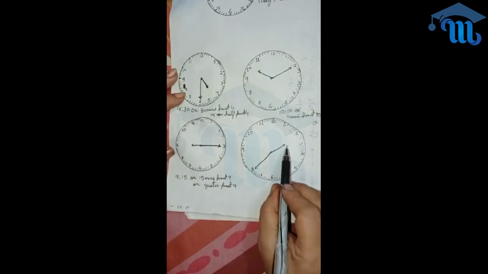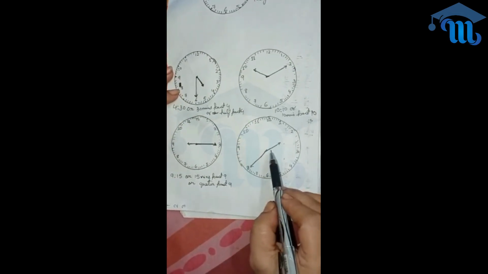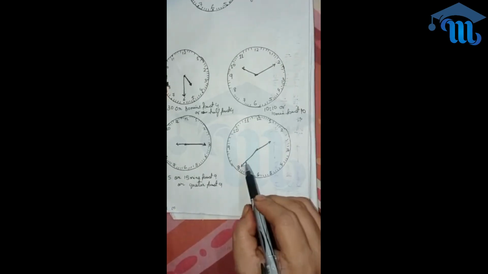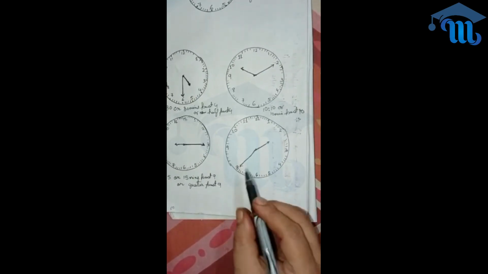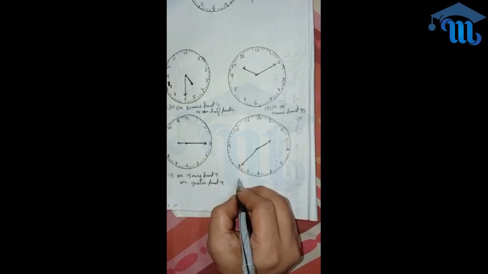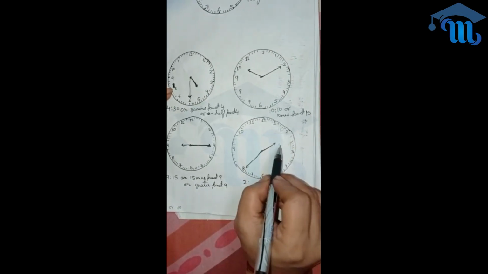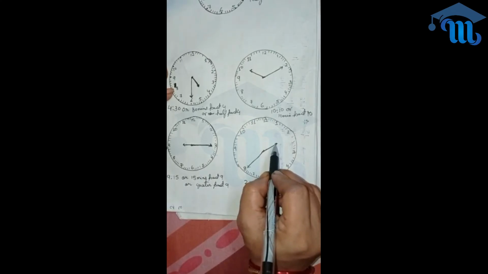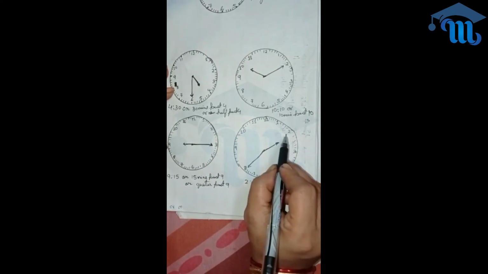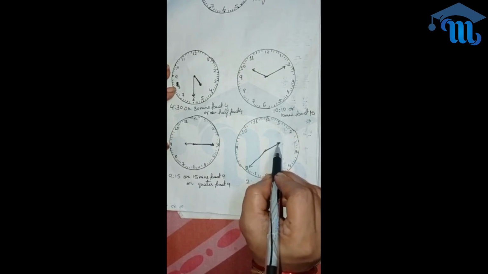Now see this clock. Here the hour hand is at 2 and the minute hand is at 8. The hour hand is between 2 and 3. It's not exactly on 2, it's between 2 and 3.